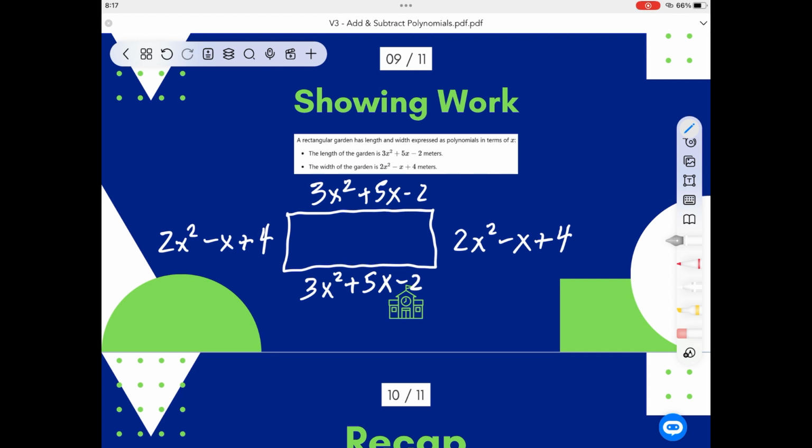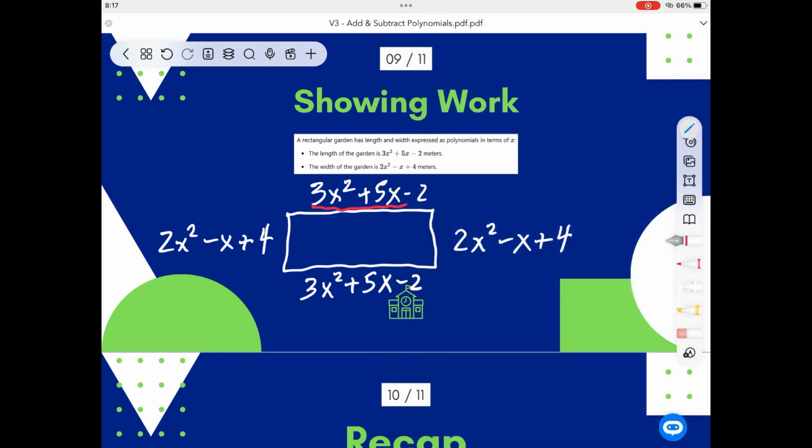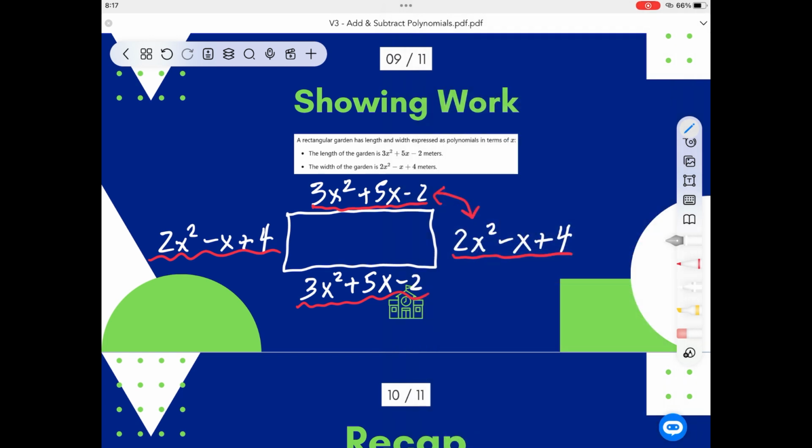So we could add all four of these together, or we could realize, wait a minute, if I take the one on the top, the length and the width, and I just add these two together, I could double that, and that would also take care of the bottom and the left. So instead of adding four expressions, we're just going to add these two, and then we can just double it, okay? So I'm going to make a little bit of space here on the left side.